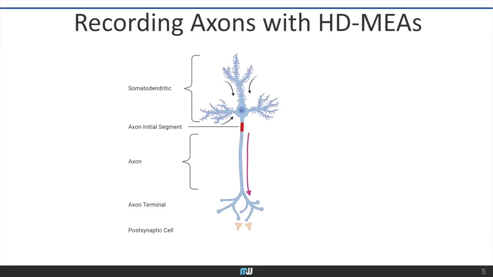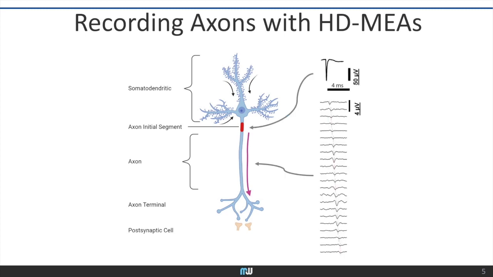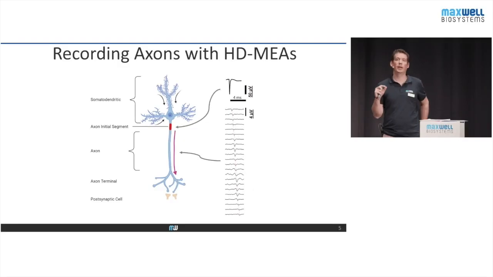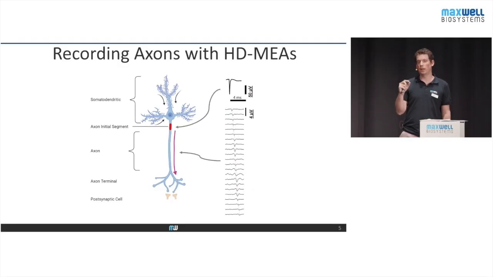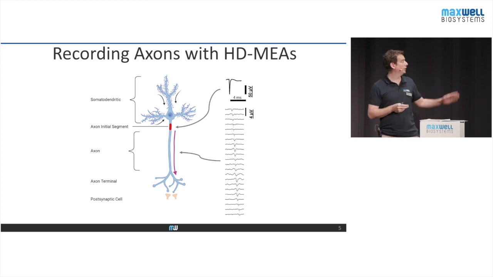And then we have the axon, as shown here, or many times we also have multiple axons which propagate the action potential to the other cells. The signals we can record typically look something like that. We have large action potentials around the axon initial segment, and along the axons we have quite small amplitude signals. However, they show a very clear temporal propagation pattern.